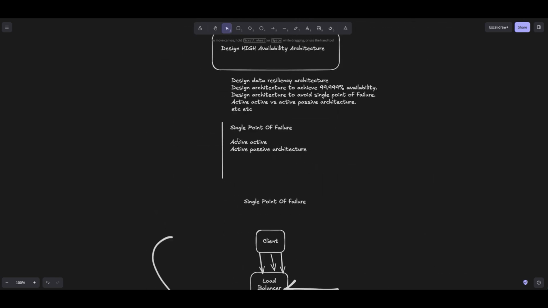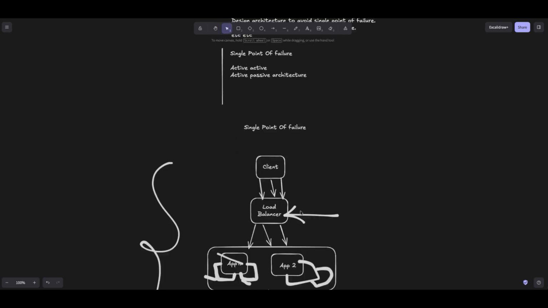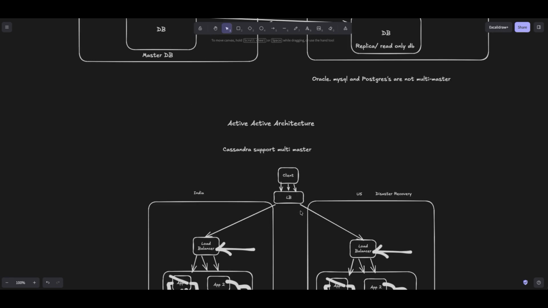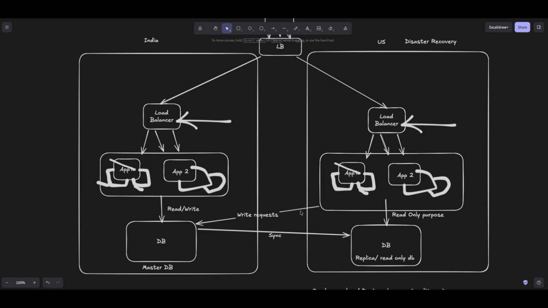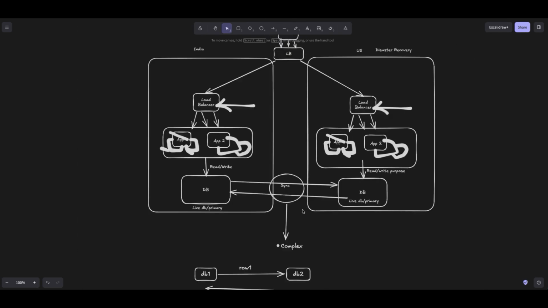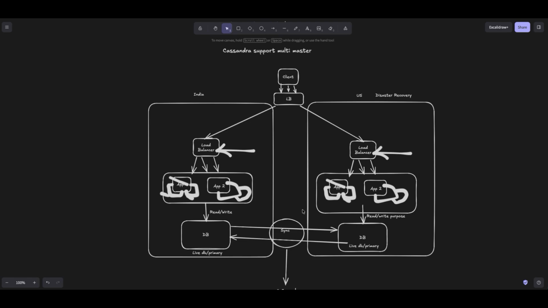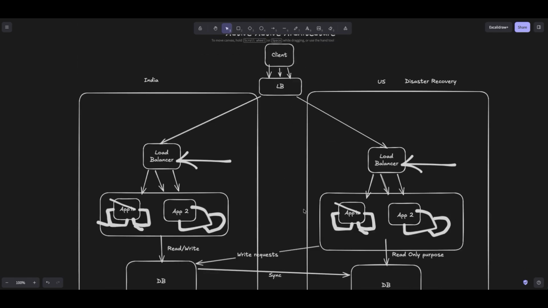And if you get this question asked, we can definitely answer it with the concepts that we have right now. Just keep in mind, if your application is very read heavy and write is not the main priority, then active-passive will work wonderfully in that scenario. But in the case of write-heavy applications, the active-passive architecture will not be able to scale and will have a bottleneck in future.